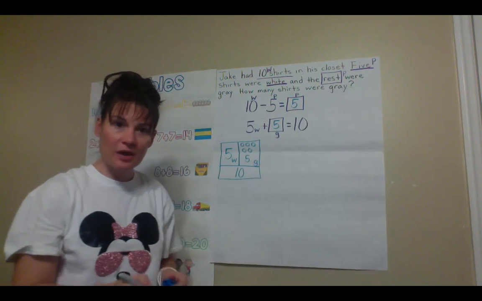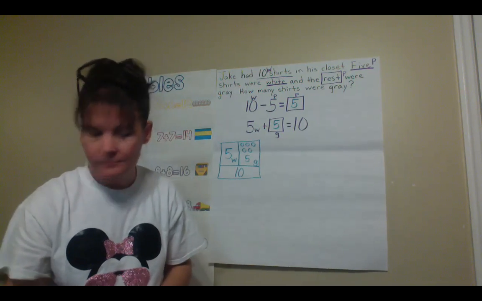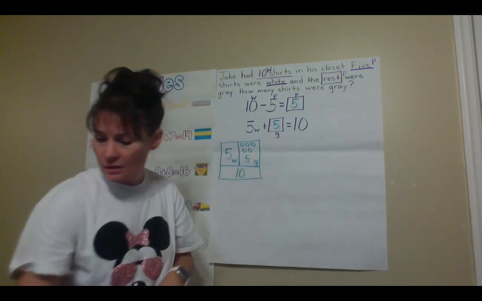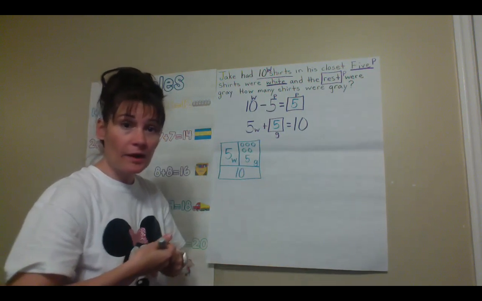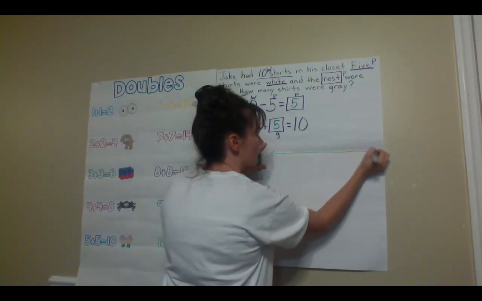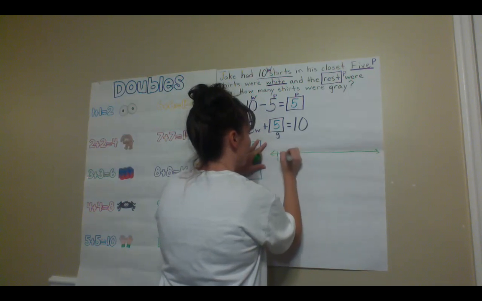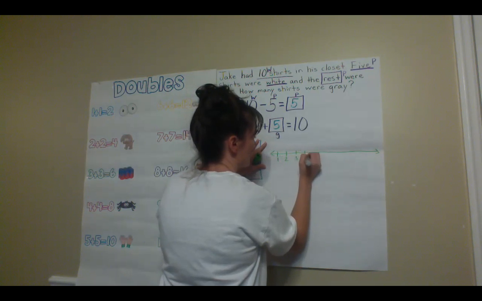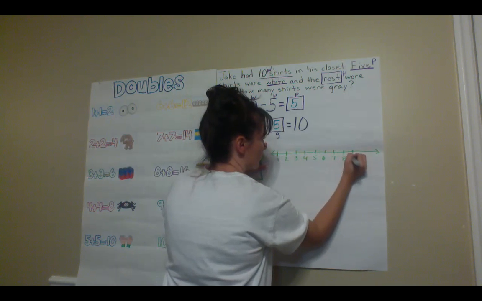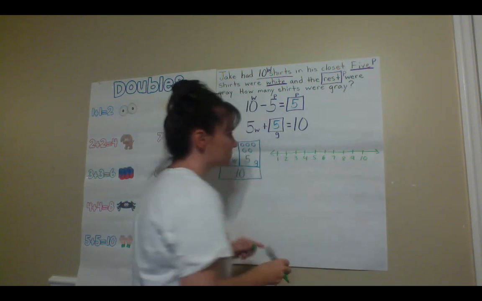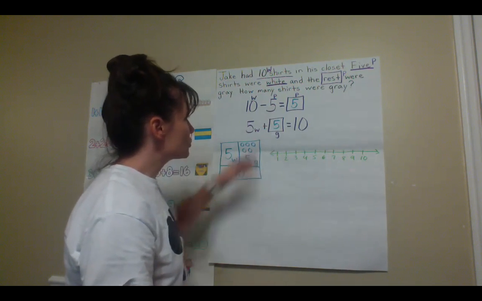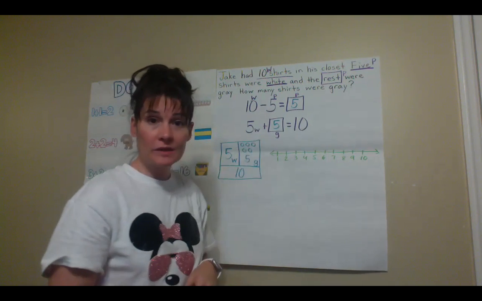Let's look at a different model. I can use a number line to help me with this as well. If I have my number line, I can show one or both of these problems.